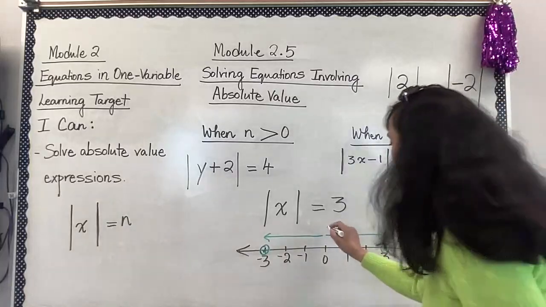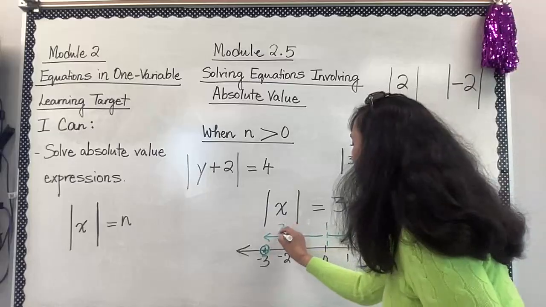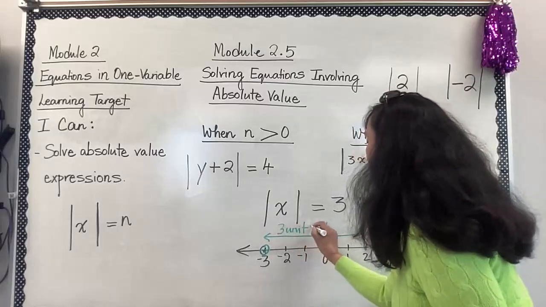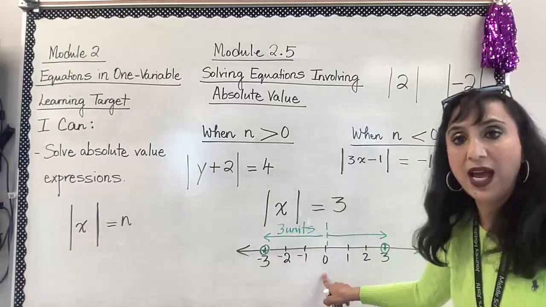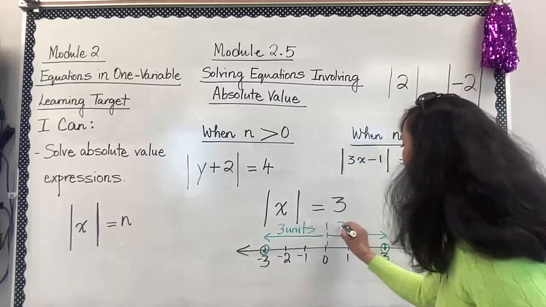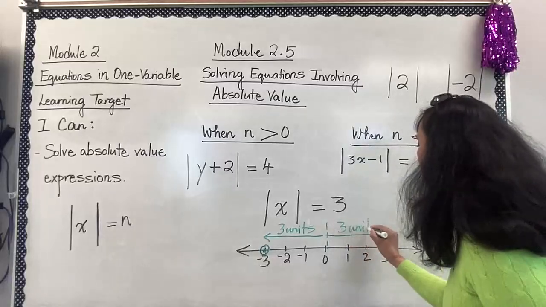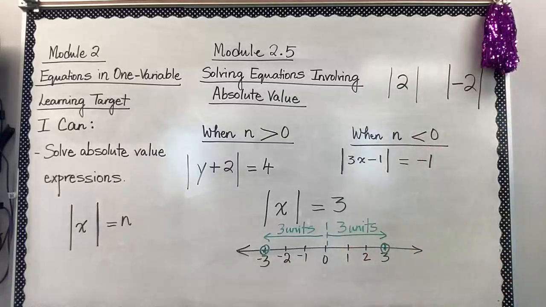If I look at this distance, how much is this? This is 3 units. So negative 3 is 3 units away from 0. And the same thing, positive 3 is also 3 units from 0 on the number line. So these are my solutions.